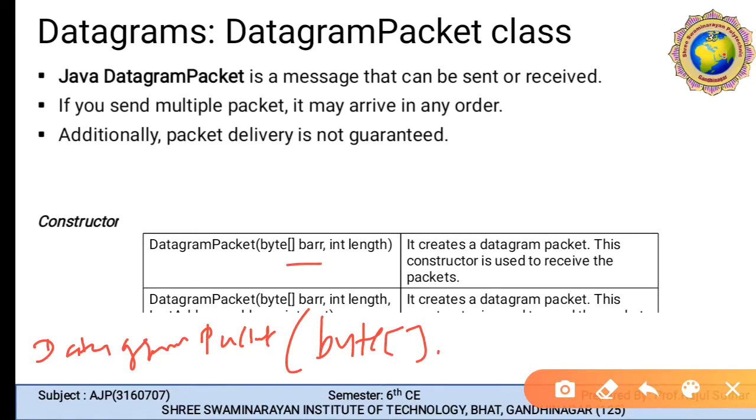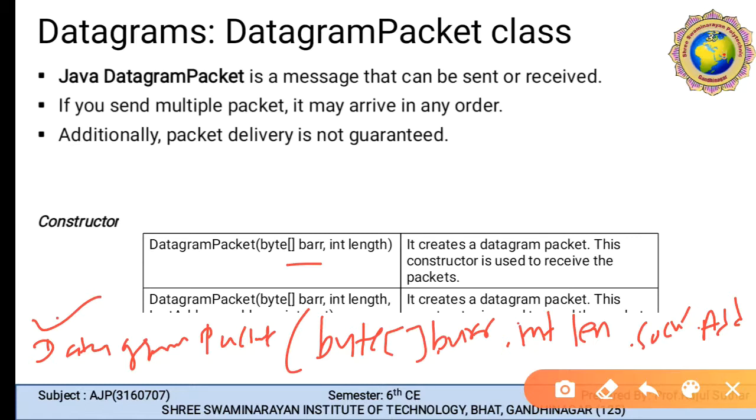B array is a buffer array, so we can write B array, comma, integer length, and socket address. So this third constructor is also possible.